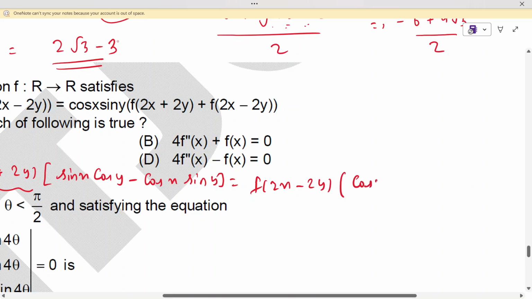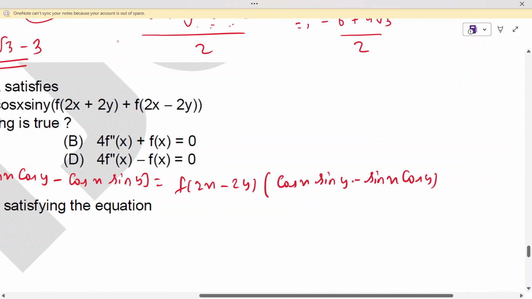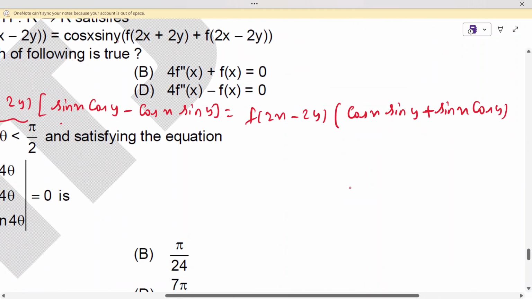Clear? Just a second, it is negative, it should be positive there. Fine. Now we have what?